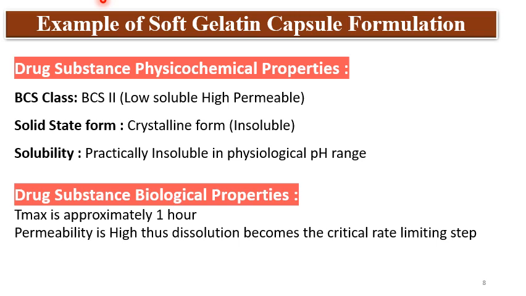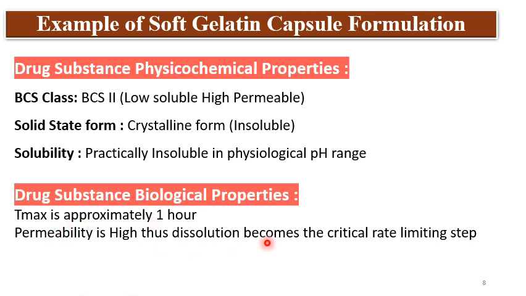Drug substance biological properties. The Tmax is approximately 1 hour if the formulation is prepared as a soft gelatin capsule and the drug substance is dissolved, then that formulation is showing a Tmax of approximately 1 hour. This justifies the BCS class 2. That means the drug is insoluble but highly permeable, and due to this high permeability the Tmax is coming to around 1 hour.